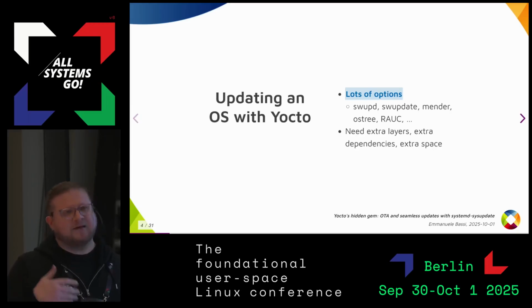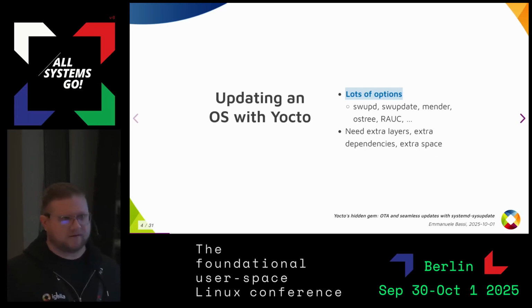But every single solution needs its own extra layers of dependencies, needs its extra space on the final image. Some of them may be big, some of them might be small-ish. RAUC is implemented partly in Python, for instance, so it means that you need to get Python inside the end image. And that might not be something that you are willing to compromise on.